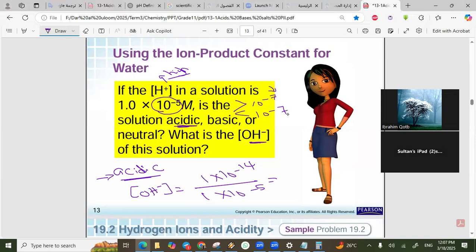Just subtract these numbers: 14 minus 5 equals 9, but we add the negative sign before it. So the answer is 1 times 10 negative 9. This is the concentration of hydroxide. You notice here that 9 plus 5 equals 14, so the product must be 14.